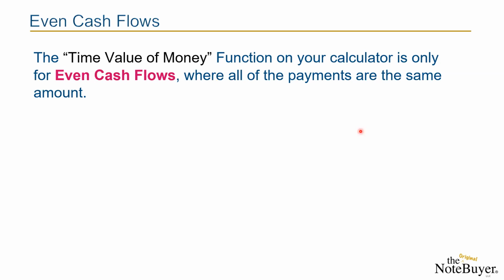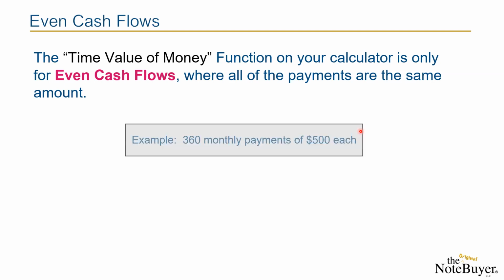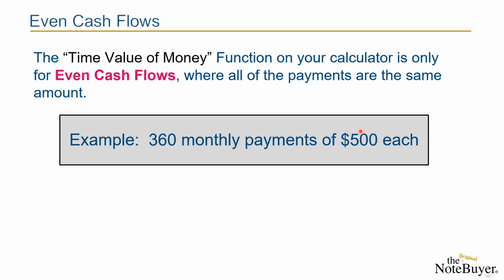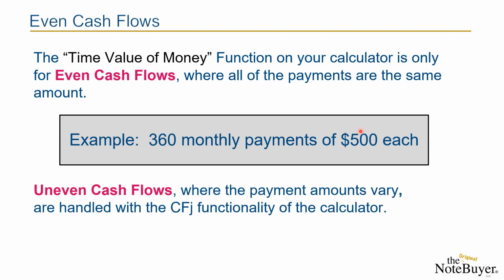Now, when we are doing these time value of money calculations, these are only for even cash flows. That simply means that all of the payments are the same, for example, 360 monthly payments of $500 each. But sometimes you will run into loans where maybe after the first year of $500 a month, there's a $5,000 balloon payment, and then it might go back to $500 a month, or maybe it's $500 a month for the first year and then $1,000 a month for the second year.